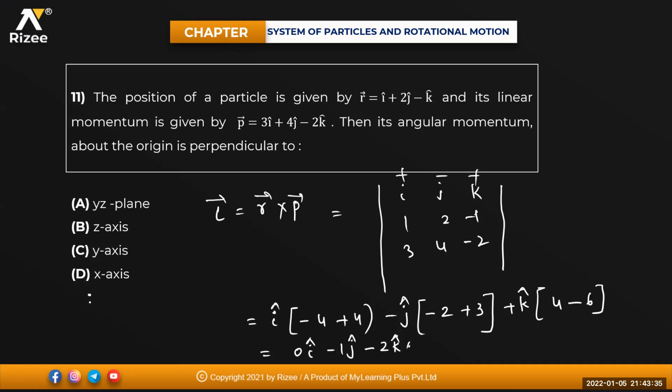I think you forgot about your vectors. This is i, this is j, and this is k. If you multiply i versus j, you will get k. If you multiply j and k, you will get i. It is a cross product, beta. So minus j minus k will give me what?